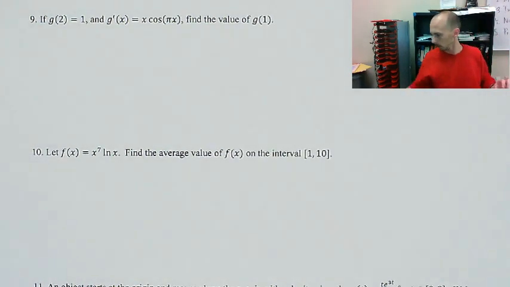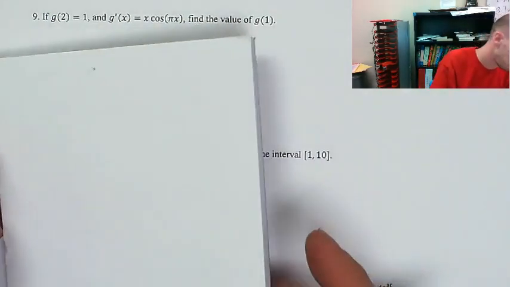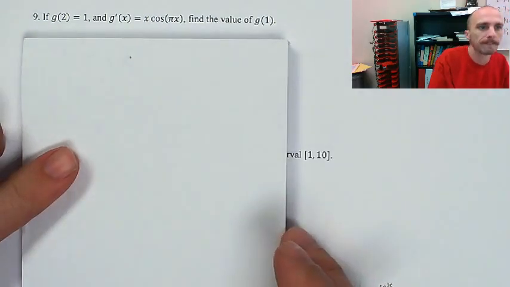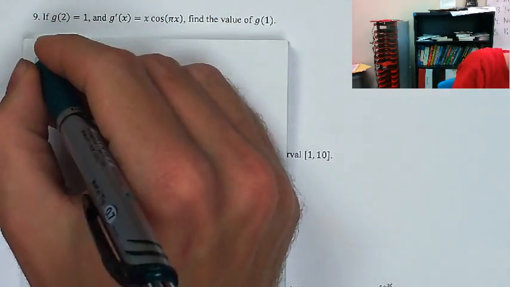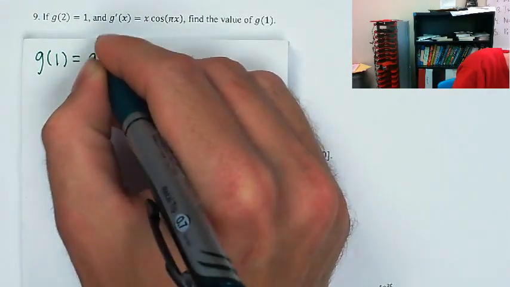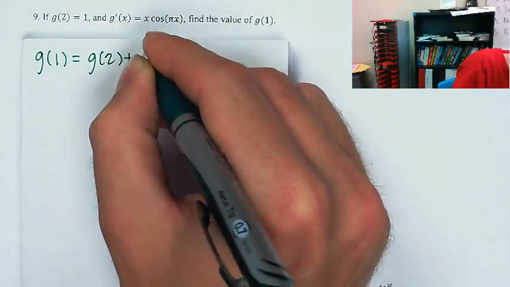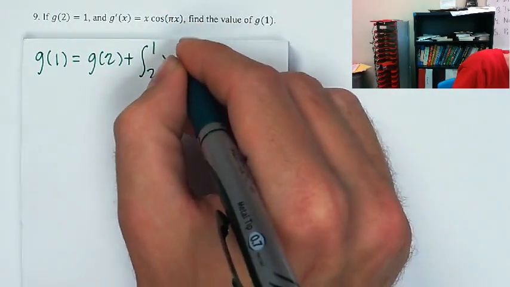Let's see. What paper, I think. All right. So we know that g of 1 equals g of 2 plus the integral from 2 back to 1 of g prime of x dx.